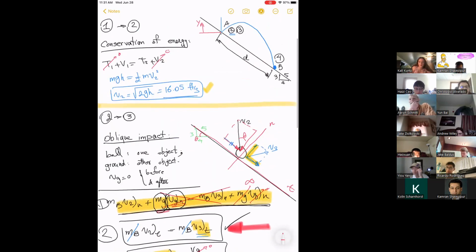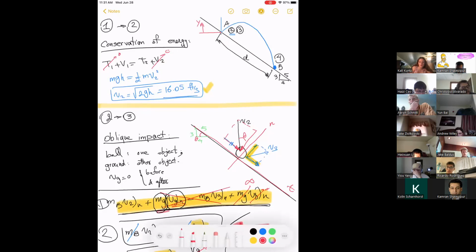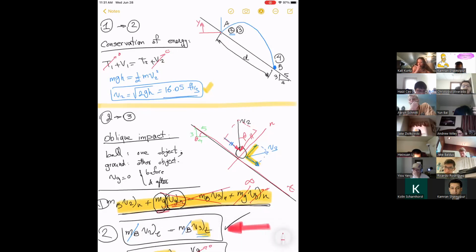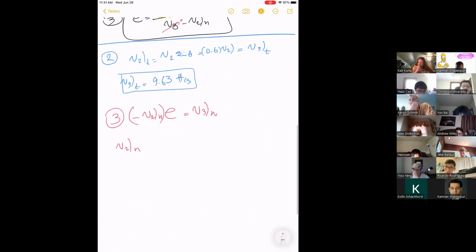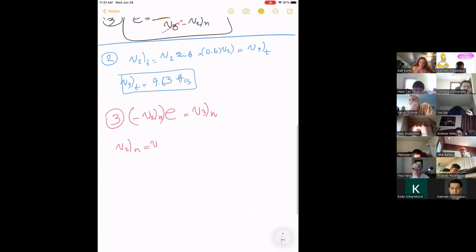V2n is this component, right? And that component is V2 cosine theta. So it's going to be V2 cosine theta, which is going to be 16.05 times 0.8.